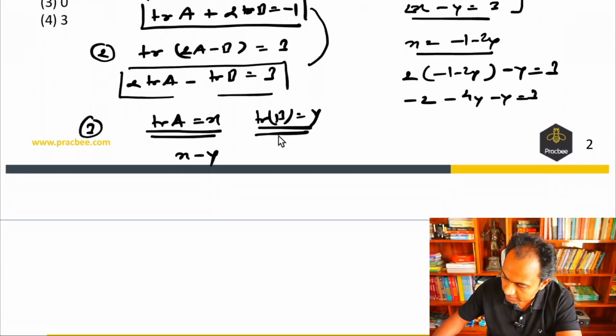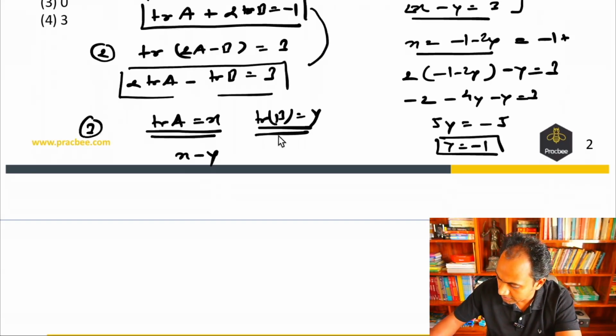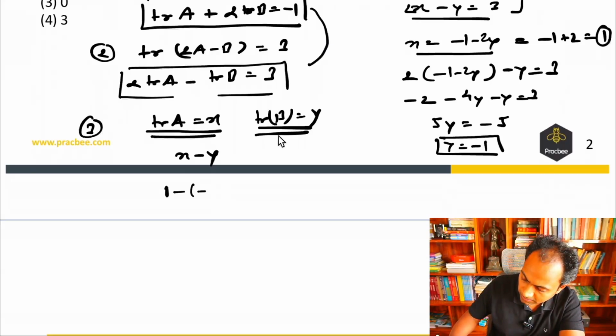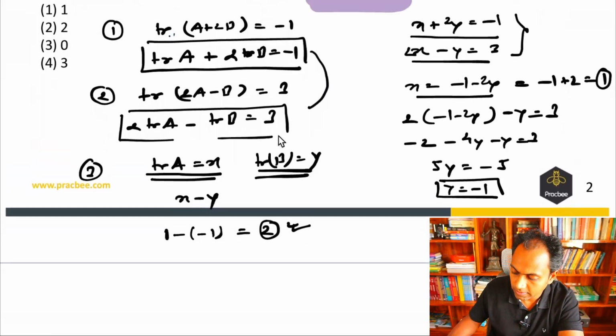So you can see that 5y as a result comes out to be equal to nothing but minus 5. So y comes out to be minus 1. If I put it in the first equation, you can see that the value of x will become minus 1 plus 2, it becomes 1. So what I want is 1 minus minus 1. So the answer comes out to be 2. That matches option B.